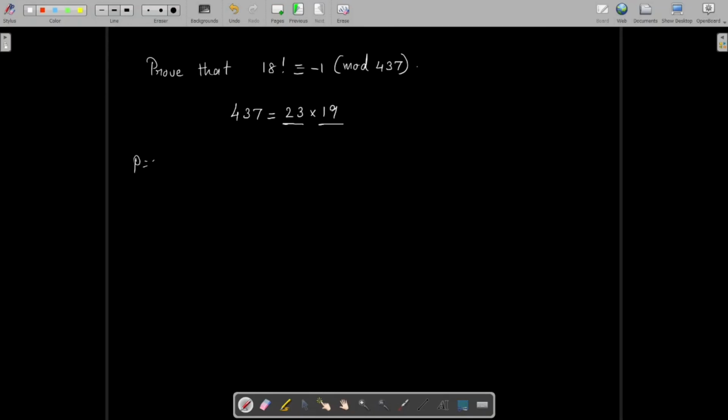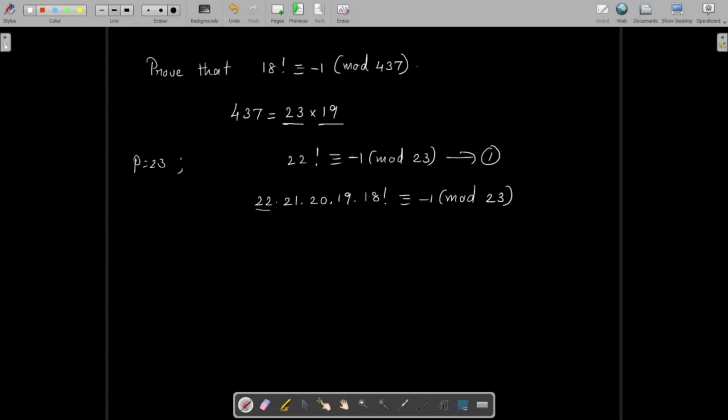So when P equal to 23, by Wilson's theorem we have P minus 1 factorial, that is 22 factorial, is congruent to minus 1 mod 23. In the problem we have 18 factorial. So this 22 factorial may be written as 22 into 21 into 20 into 19 into 18 factorial, which is congruent to minus 1 mod 23.